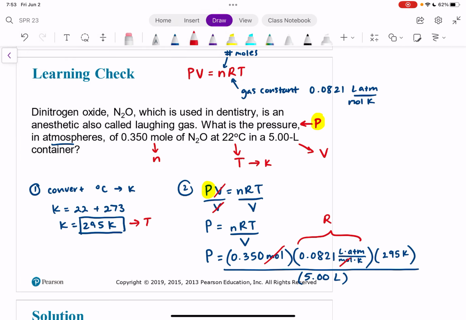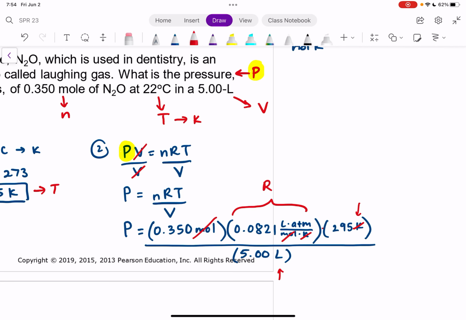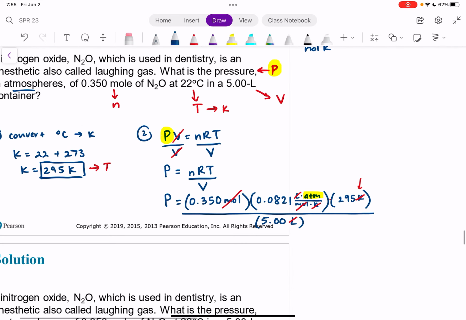Then we've got Kelvin in the numerator, and this Kelvin in the denominator there. Same idea, those are going to cancel. Now we've got liters in the numerator right here, and liters in the denominator here, so we can cancel those out. I can get rid of my R here. So we cancel out those liters, and we're left with just ATMs. So cool, right? All right, so let's see what that answer actually is.